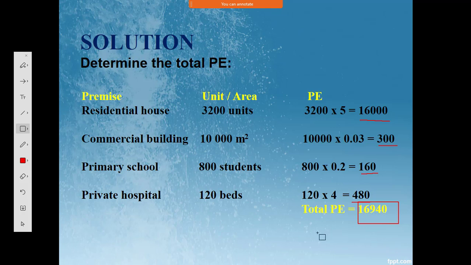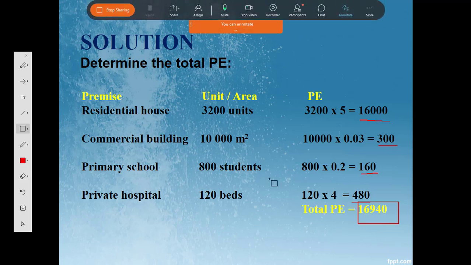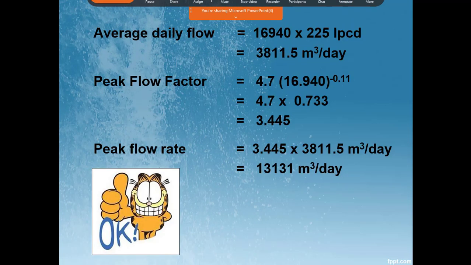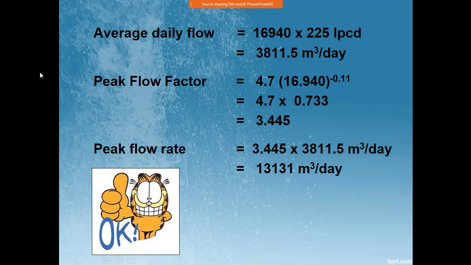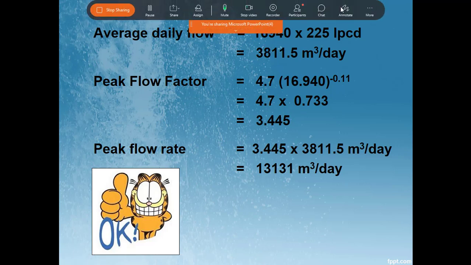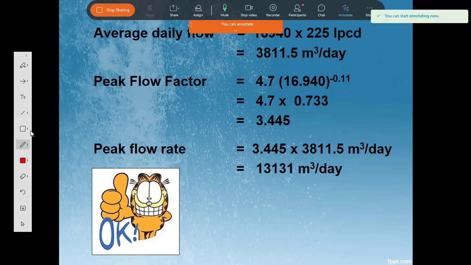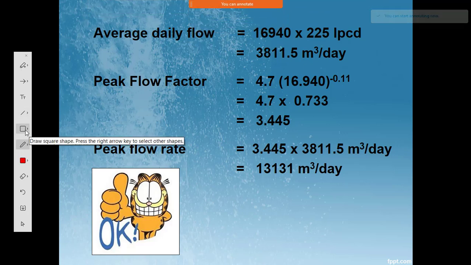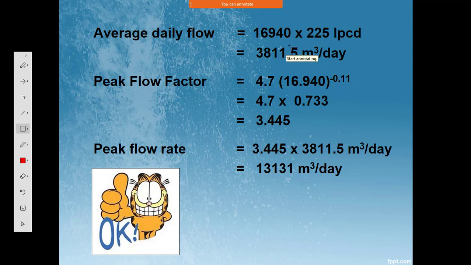Okay, after that we can calculate the average daily flow. The average daily flow simply equals the PE times the standard flow rate, or the standard wastewater generation per person, which is 225.